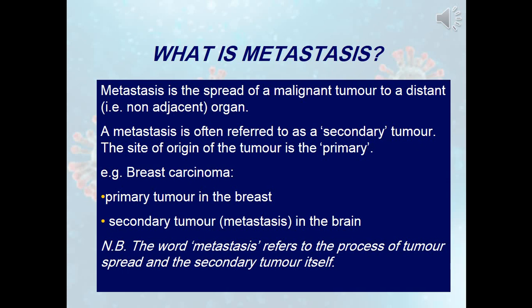These are the ways of transport of the malignant cells to travel into distant sites. So following this transport of the malignant cells, there will be growth of secondary tumor masses in the distant sites, and the growth of these secondary masses is discontinuous with the primary tumor.